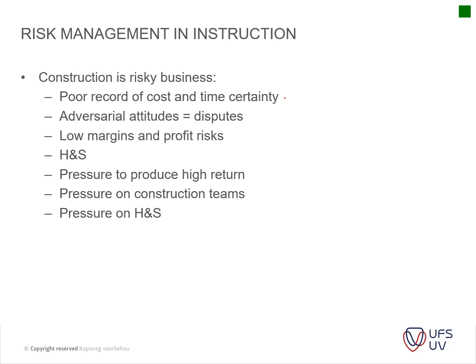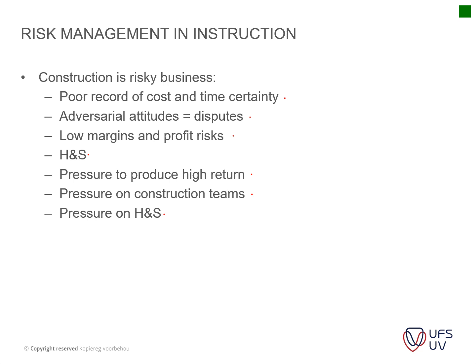Adversarial attitudes and disputes may arise often, and there's low margins and profit risks that we are exposed to. There's lots of health and safety risks. There's pressure to produce high return, and then there's also pressure on construction teams to perform. And then there's always pressure on health and safety.